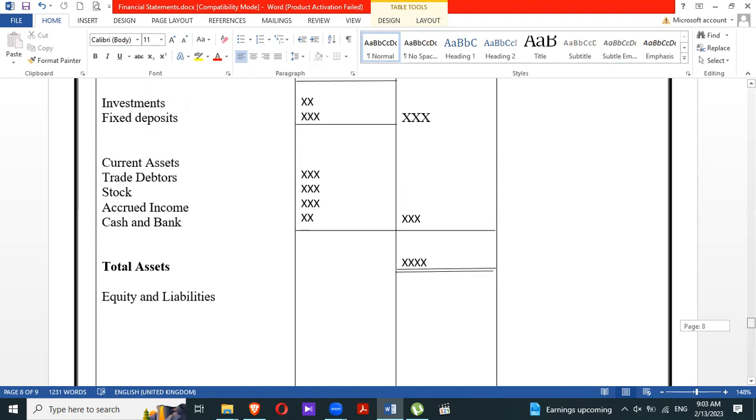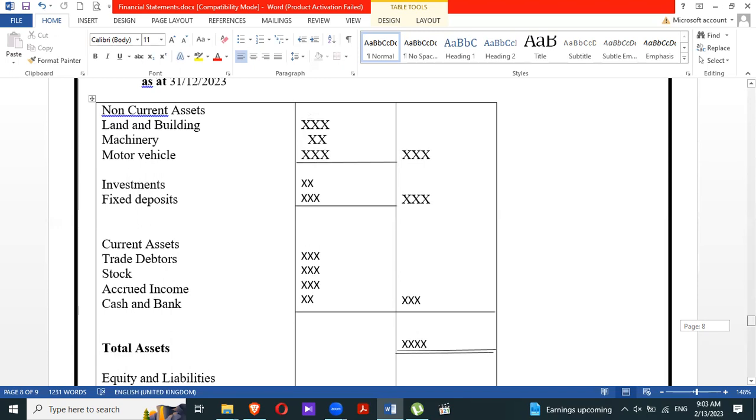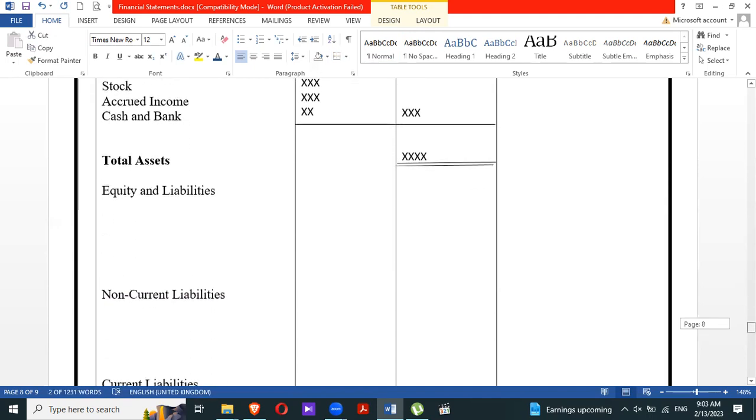Now the first part we already calculated: total assets, non-current assets and current assets, right? Then the second part we are going to calculate total equity and liability, right?